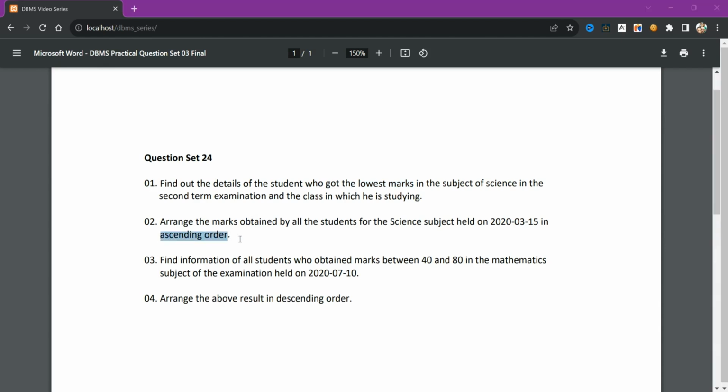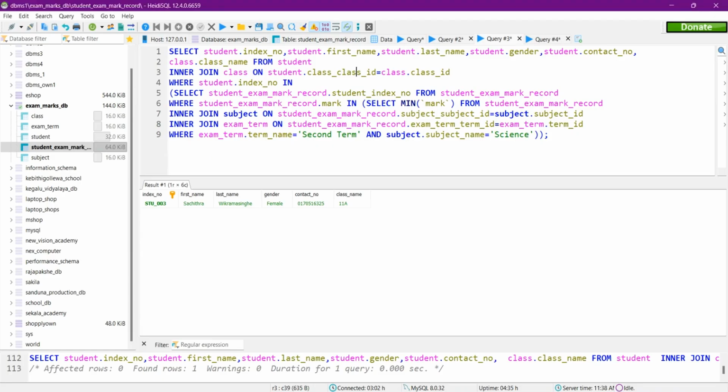It is a method of arranging numbers or values from the smallest to the largest. So we need to arrange the marks of the students from the lowest marks to the highest marks. This is what we call ascending order. That's what they have told us to do in the second question. So I'm going to write the query for the second question as well.